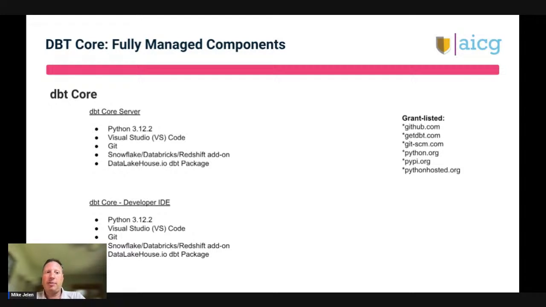That will allow you to separate a dev job, QA job, production job, and jobs that run once a week, once a month, hourly. For certain data sources, you may have one schedule, and for other data sources, you may have other schedules. So naturally, a very important piece. But the Data Lakehouse.io dbt package is what gives you those capabilities.